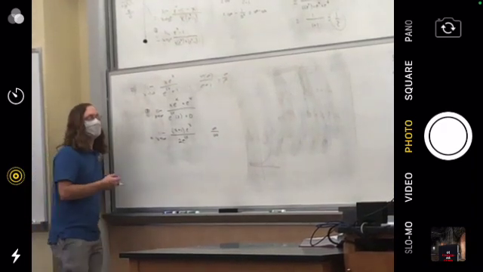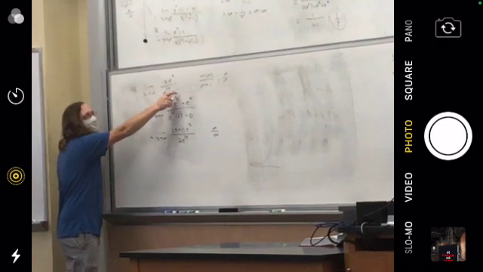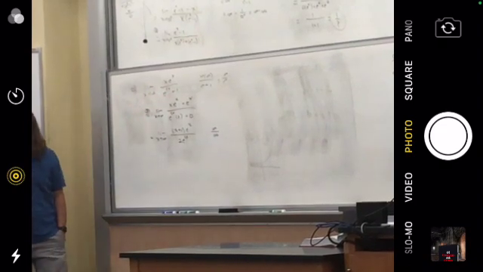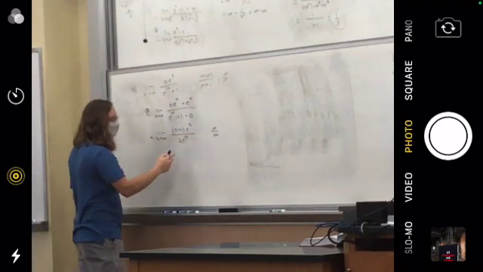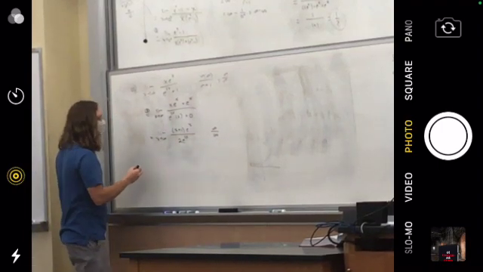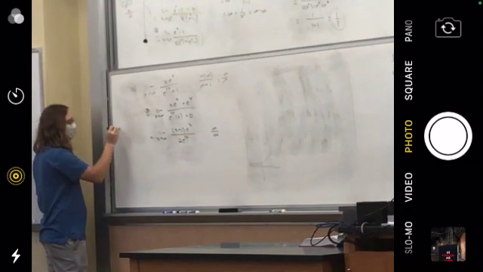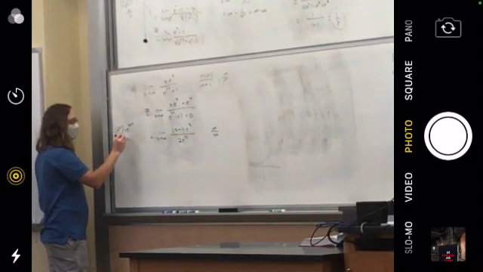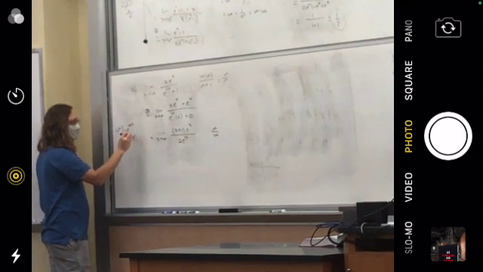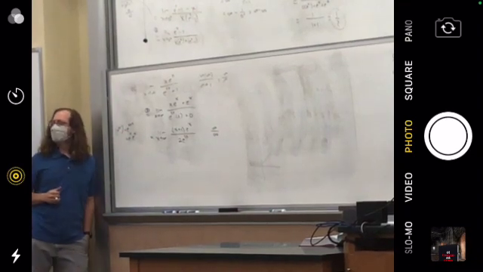Before, I couldn't easily divide by e^x because of this term. That plus 1 was sitting there. Here I can. So how do I think of e^(2x)? Really e^x times e^x.